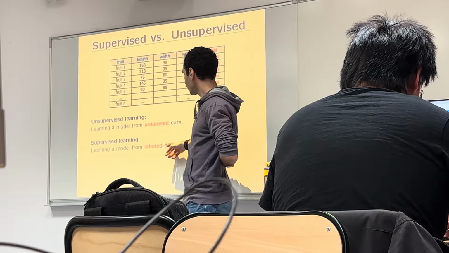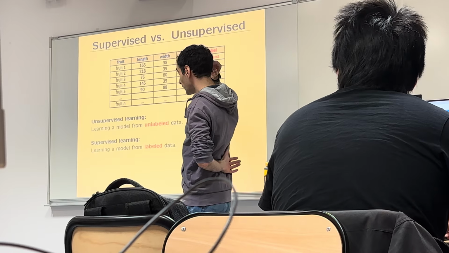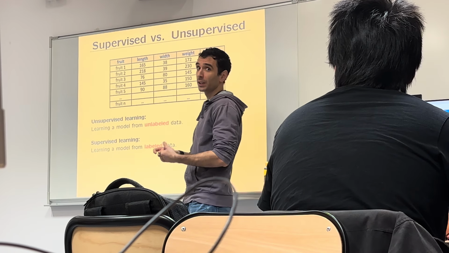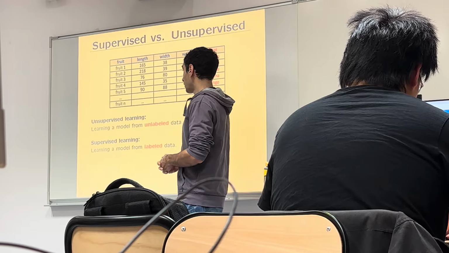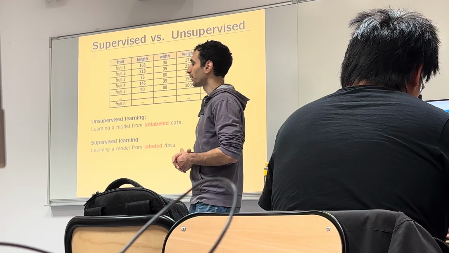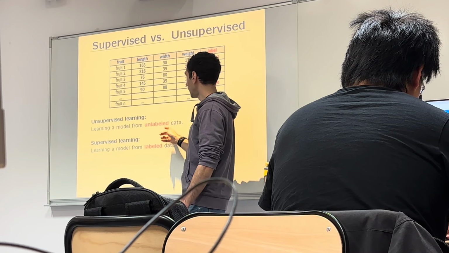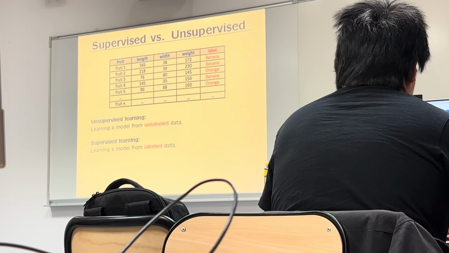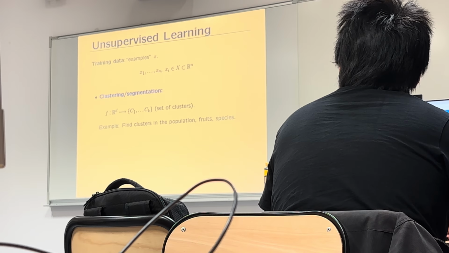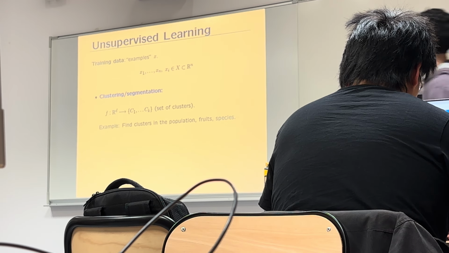For supervised learning, you're using labeled data, and for unsupervised learning, it's completely different. You try to learn something or group data points from unlabeled data. So unsupervised learning, you can write like this.